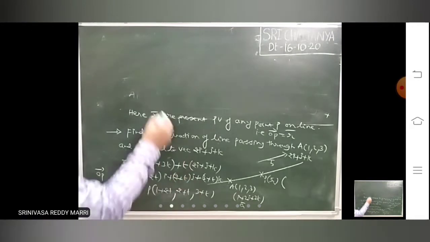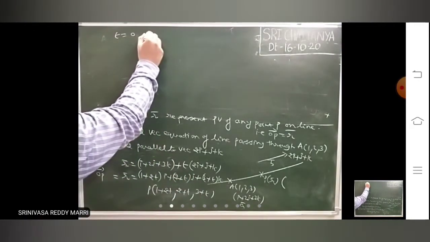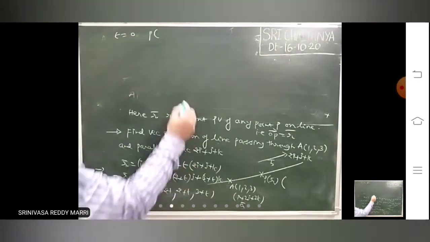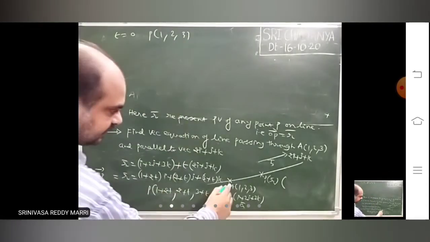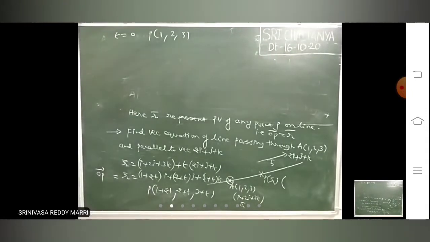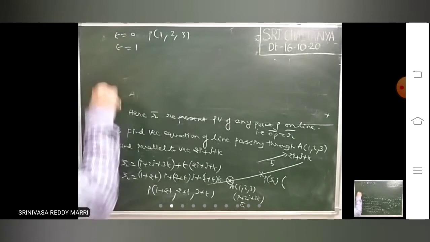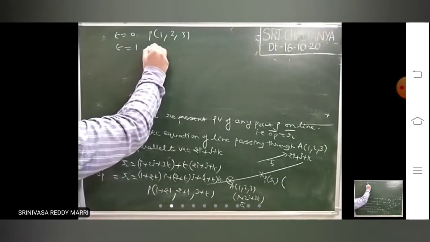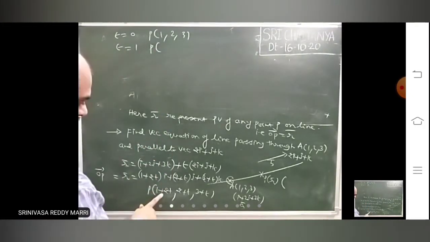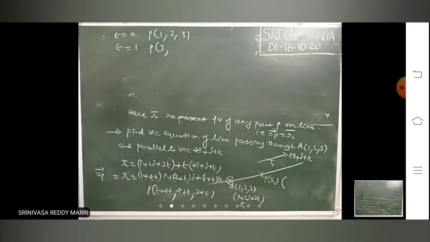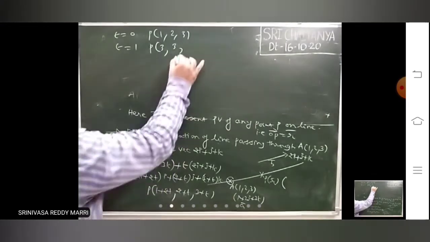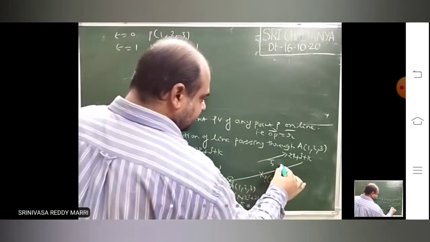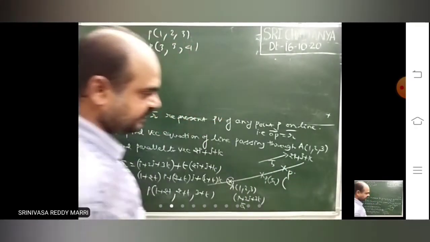Suppose you substitute any real value for t. For t equal to 0, P is (1, 2, 3), which is nothing but A. Look at this point. Suppose you take t equal to 1. If you substitute t equal to 1, you will get a point somewhere, (3, 3, 4), lying on this line only.